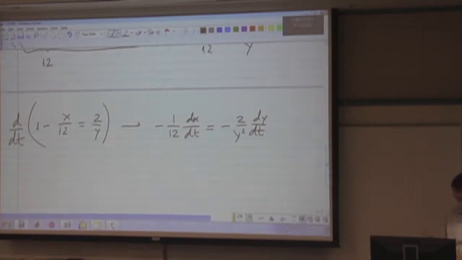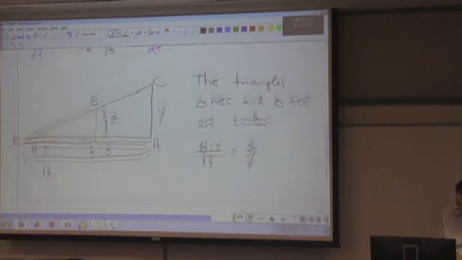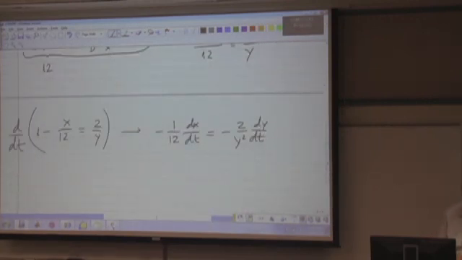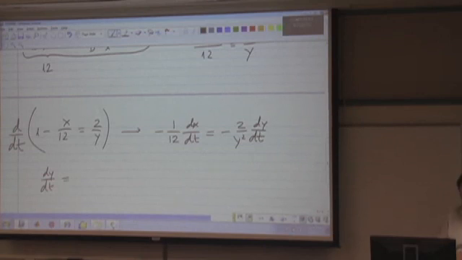So, what are we solving for? dy over dt, right? So dy over dt is going to equal y squared over 24 times dx dt. Does that make sense?